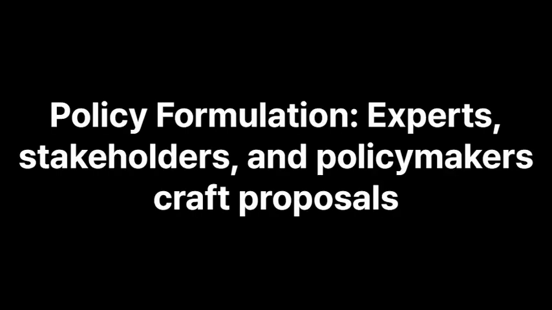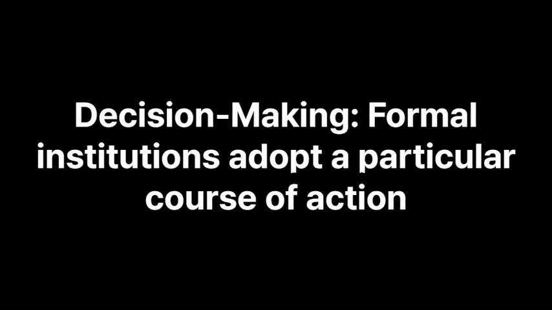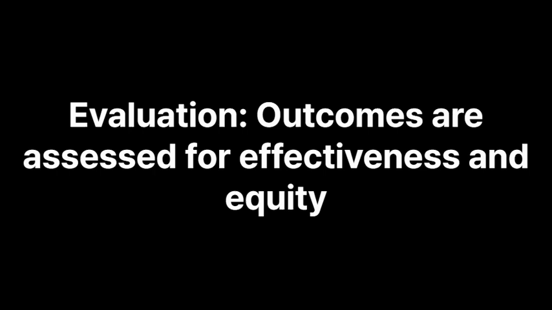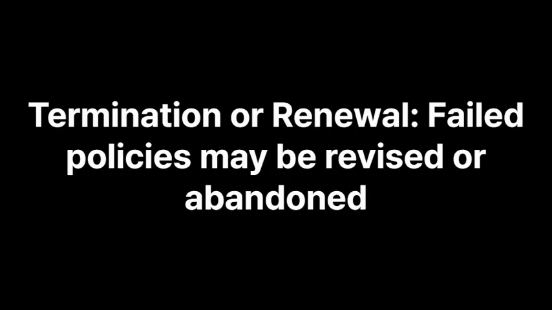Policy formulation: experts, stakeholders, and policymakers craft proposals. Decision-making: formal institutions adopt a particular course of action. Implementation: bureaucracies and agencies apply the policy. Evaluation: outcomes are assessed for effectiveness and equity. Termination or renewal. Failed policies may be revised or abandoned.